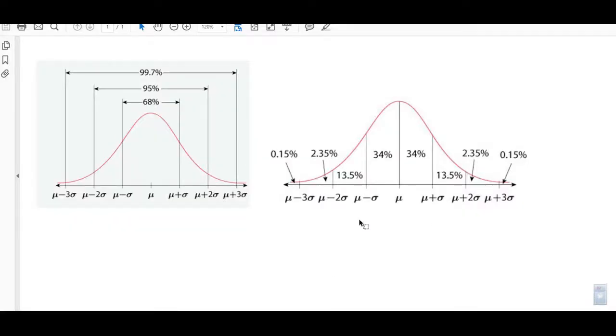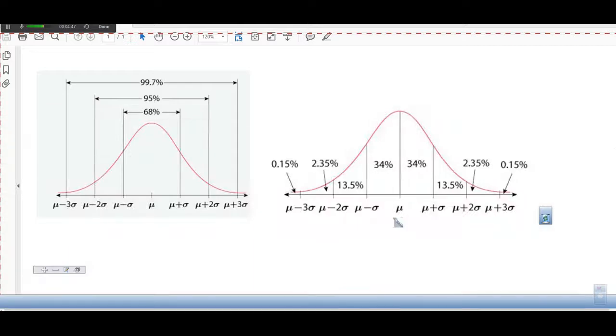So here we would be at 80, and then we'd be at 86, and then at 92. If we went the other way, we're at 68, and then 62, and then 56.